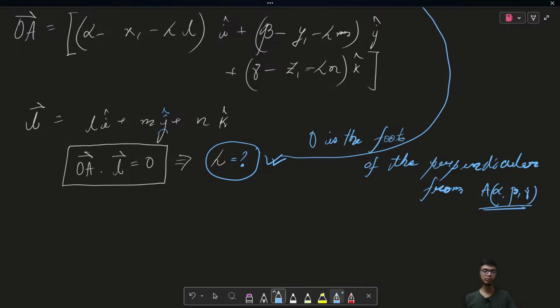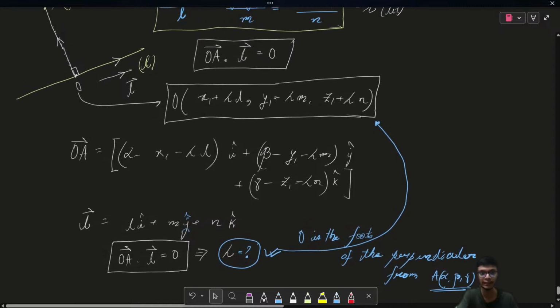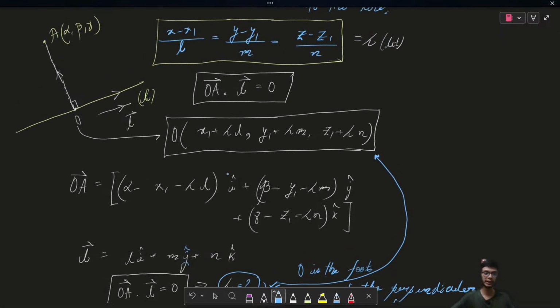I hope this part is clear to all of you. Now once I obtain the foot of perpendicular, obtaining the mirror image of point A, considering this straight line to be a mirror, won't be a difficult problem.